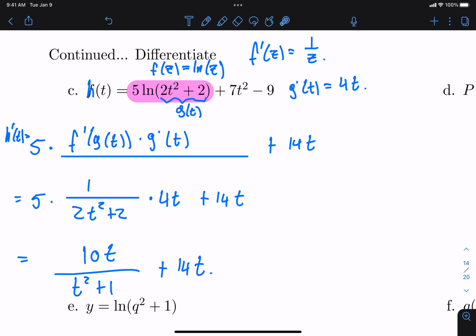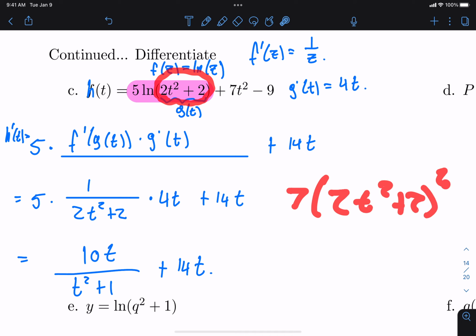Why isn't 7t squared part of f? The reason is, if I then went to plug in 2t squared plus 2, I wouldn't get 7t squared. I would get 7 times 2t squared plus 2 squared. See what I mean?